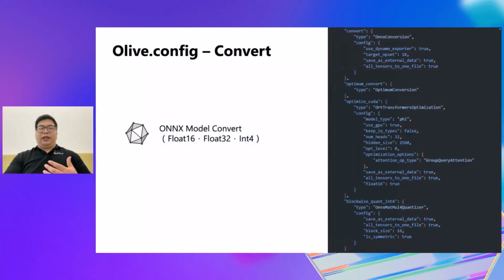Another very important thing: I love to use Olive config because it can help you convert the ONNX model. Just like here, it can help with ONNX conversion, model, or some ONNX Runtime transformers optimization. Another thing is you can change the model to FP16, FP32, or INT4. So this time, maybe the Olive config is the full scenario to support.